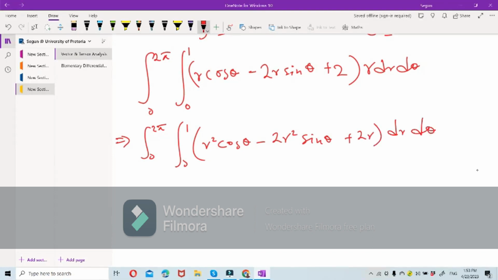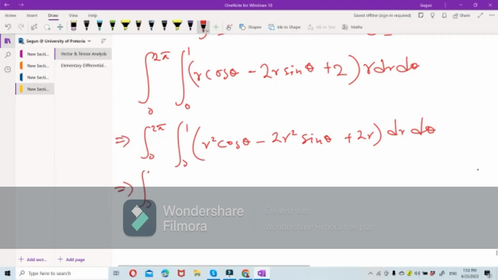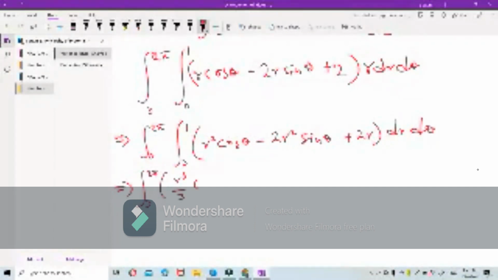So let's solve the r first. When you solve r first, you have 0 to 2 pi. Let's integrate r. So you have r cubed over 3 cos theta minus 2r cubed over 3 sine theta plus 2r squared over 2, 0 to 1.